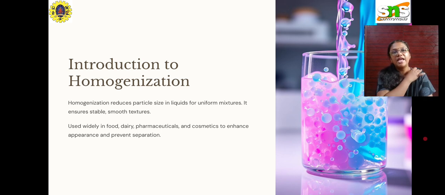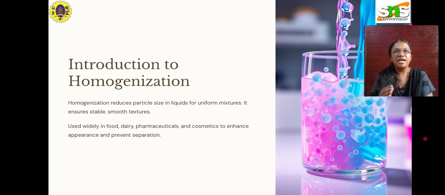This is mainly essential to achieve a consistent texture and to prevent the separation of the components in various types of products. This homogenization technique is adopted not only in dairy, it is also applied across many food industries, and pharmaceutical and cosmetic industries. In the food industry, it helps to enhance the appearance and the mouth feel of products, like sauces and milk, for example.